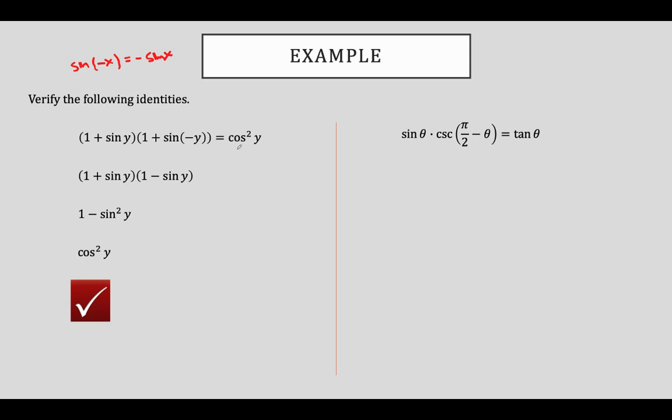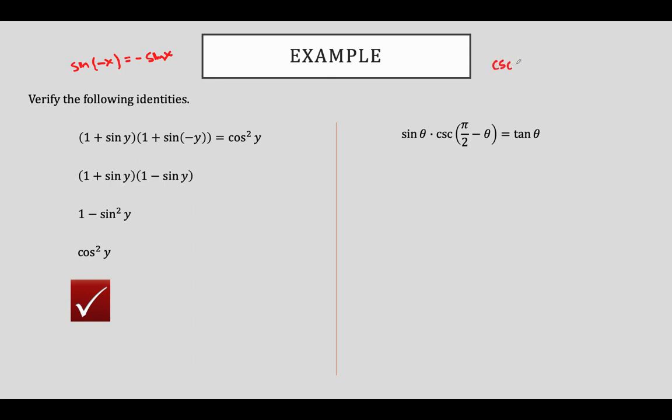Another one: sine of theta times cosecant of pi over 2 minus theta is equal to the tangent of theta. All right, so we're trying to get the tangent of theta. Well, what jumps out at us here? Okay, we have this cosecant of pi over 2 minus theta. Well, whenever we see pi over 2 minus theta inside of a trig function, we should think about using our cofunction identities.